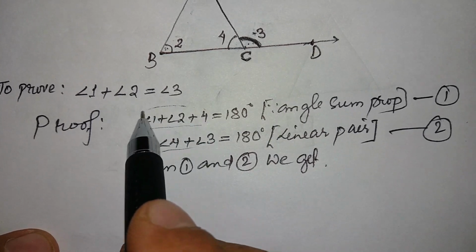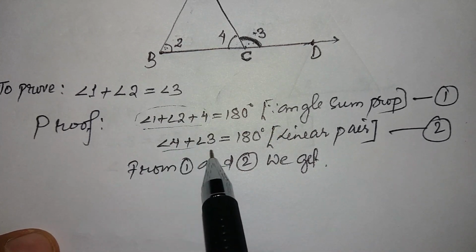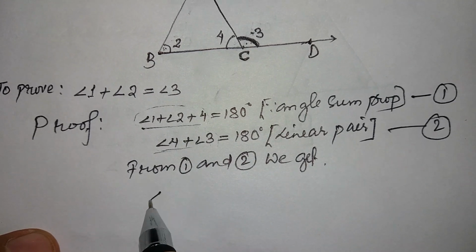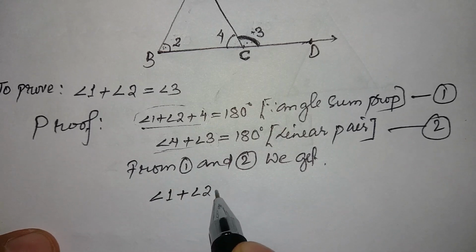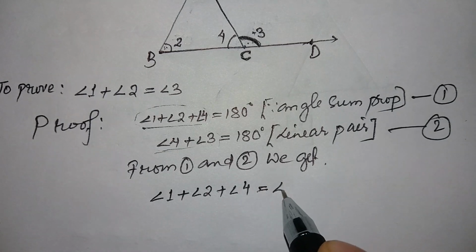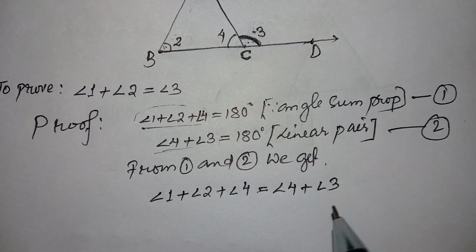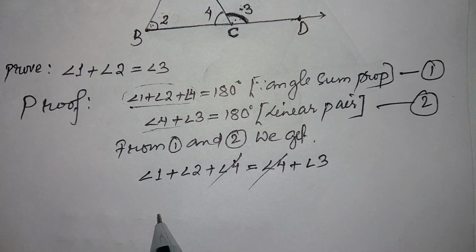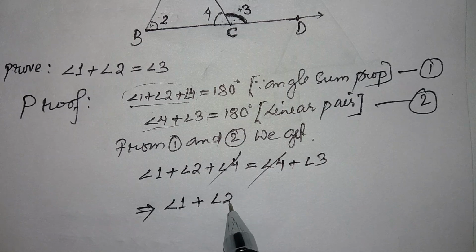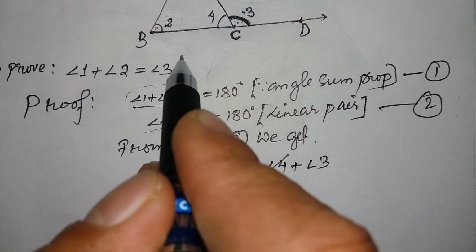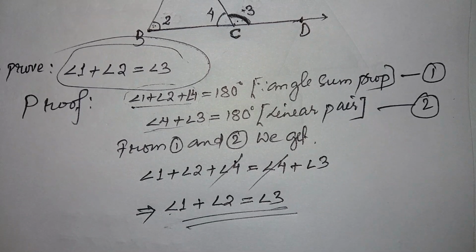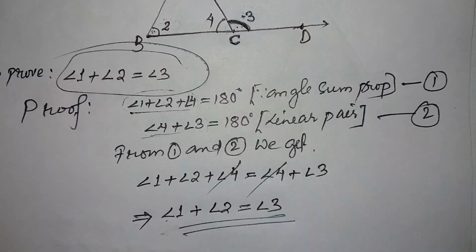So that means these two are also equal, because the right hand sides are equal, so the left hand sides must be equal. So angle 1 plus angle 2 plus angle 4 is equal to angle 4 plus angle 3. Now here angle 4 you can cut. Then what we get is angle 1 plus angle 2 is equal to angle 3. So this is how we can prove the property.